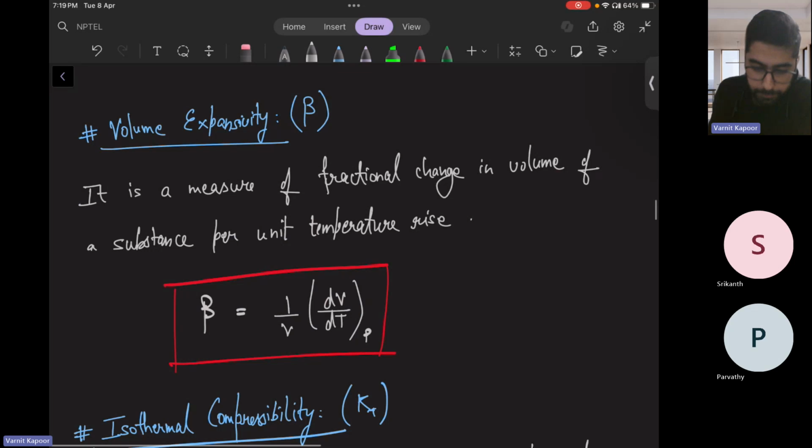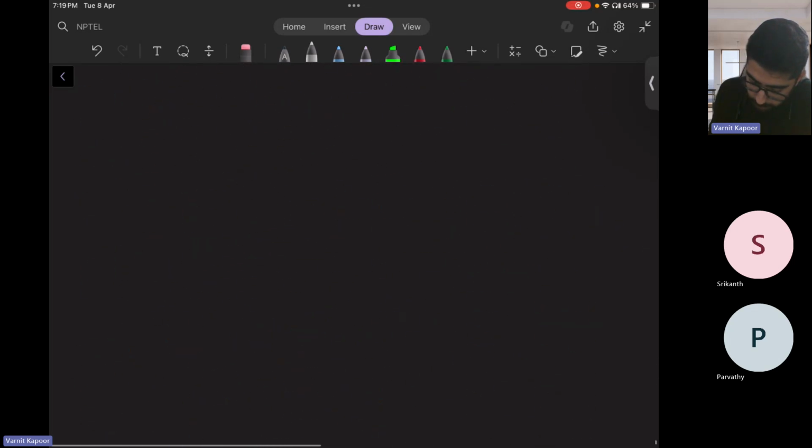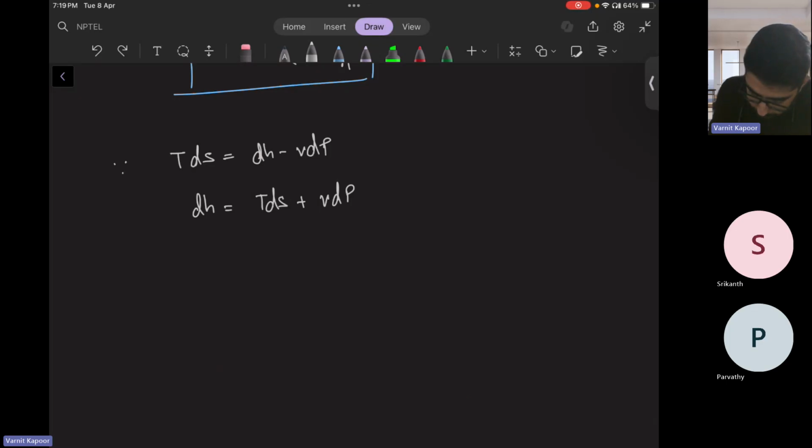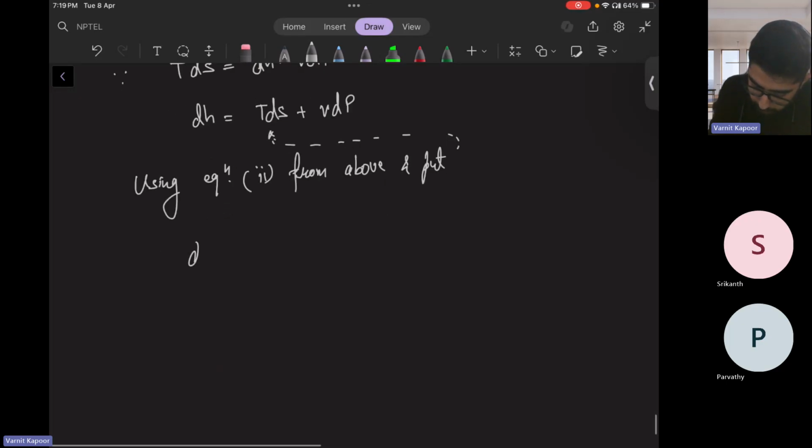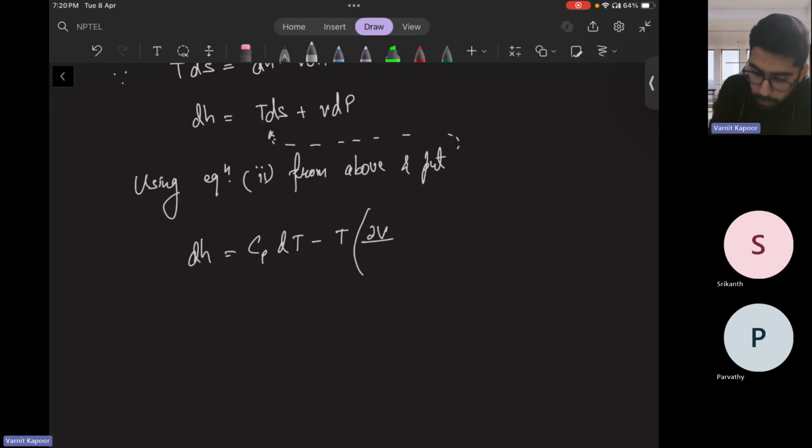Put this value in the above equation. Using equation 2 from above and putting it in here, dH will be Cp dT minus T dou V by dou T at constant pressure dP, plus your remaining term, that is VdP.